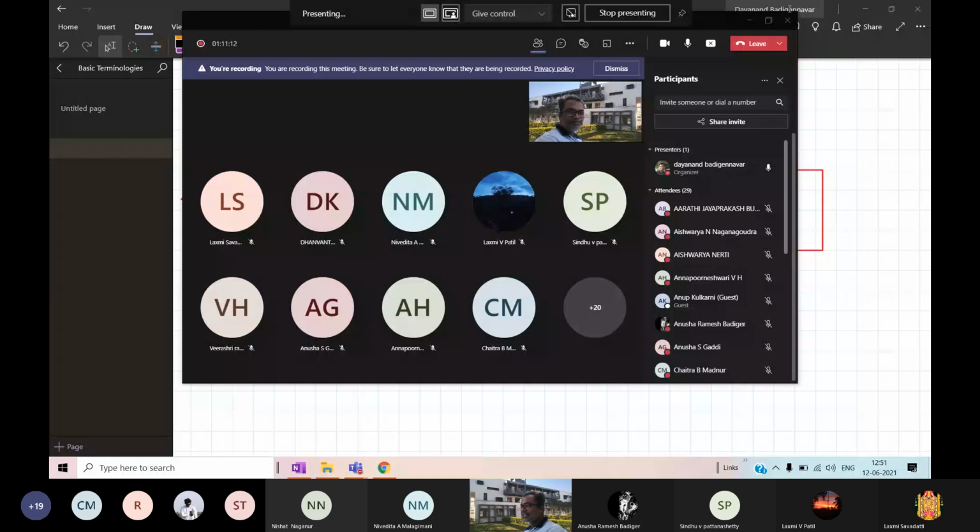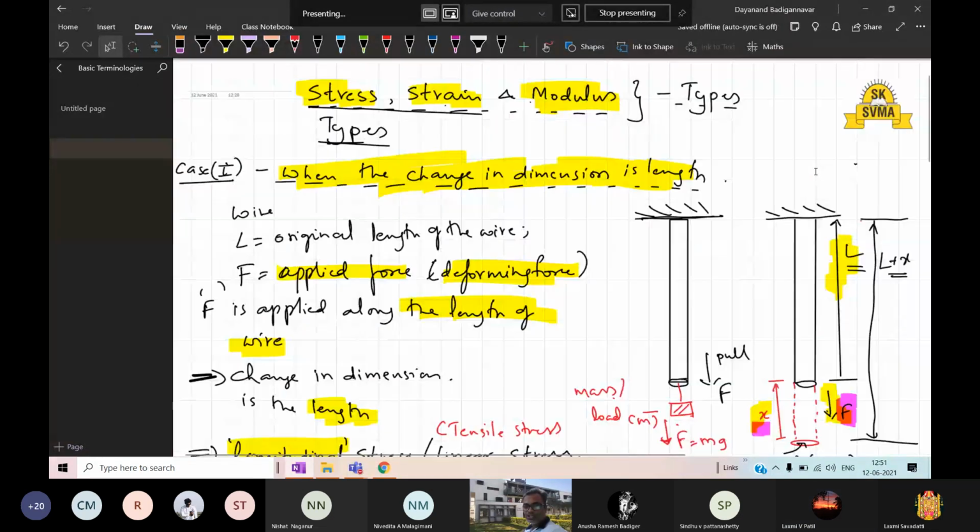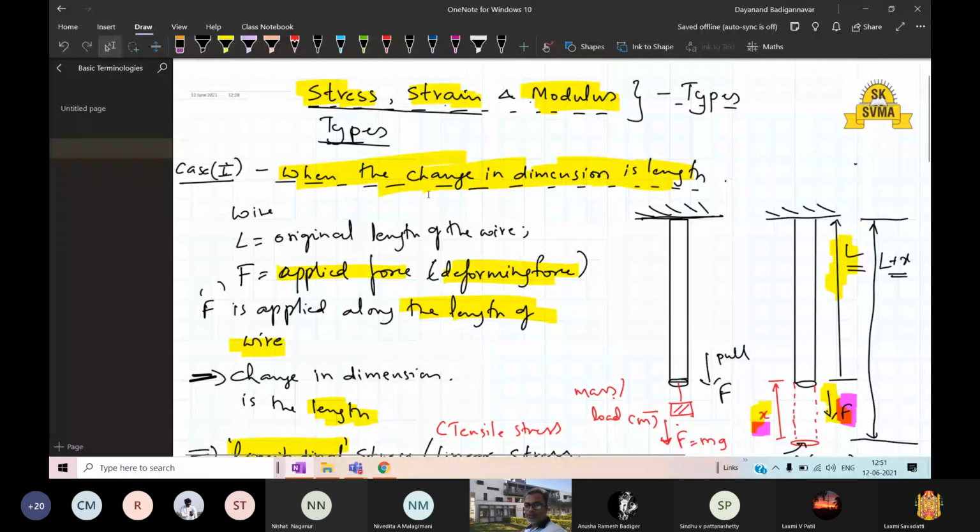In the next class, we shall continue with the other types of modulus, that is the bulk modulus, then the modulus of rigidity. There are three types. The first one is over. Whenever you apply a force, it will produce a change in dimension, which is the length.